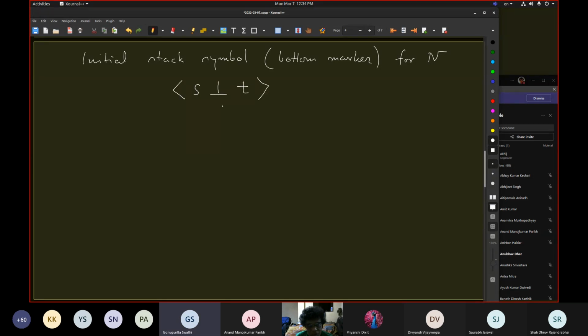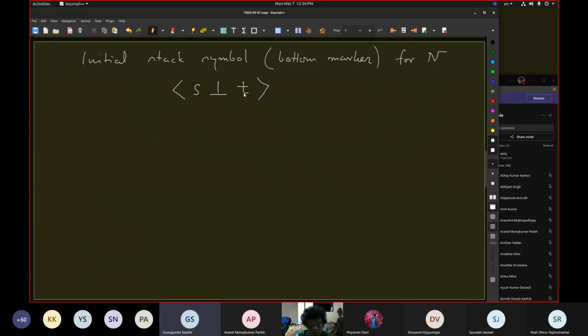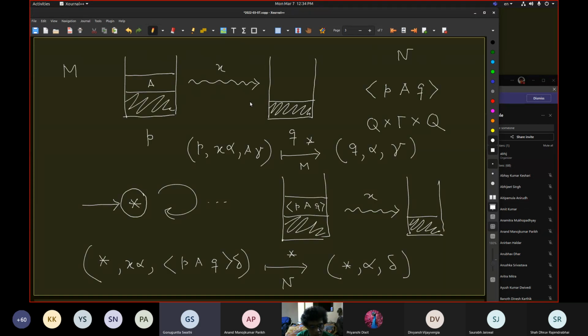Yes. So M accepts if and only if it can go from S to T with empty stack. And by this equivalence, this machine accepts if and only if it can get rid of this symbol from the top of the stack. So this is how I initialize N. So this is N.